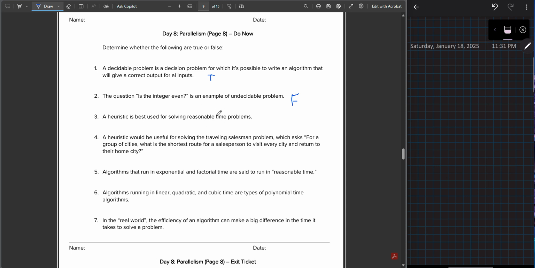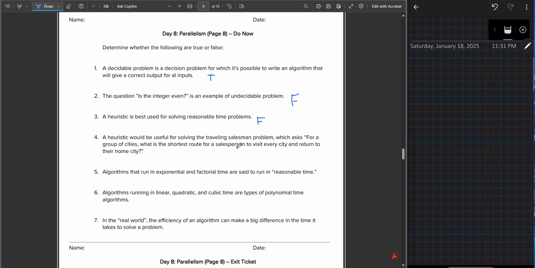So they should have a solution, not an approximation. So heuristic, since it's an approximation, wouldn't be best used for solving reasonable time problems. This is false.